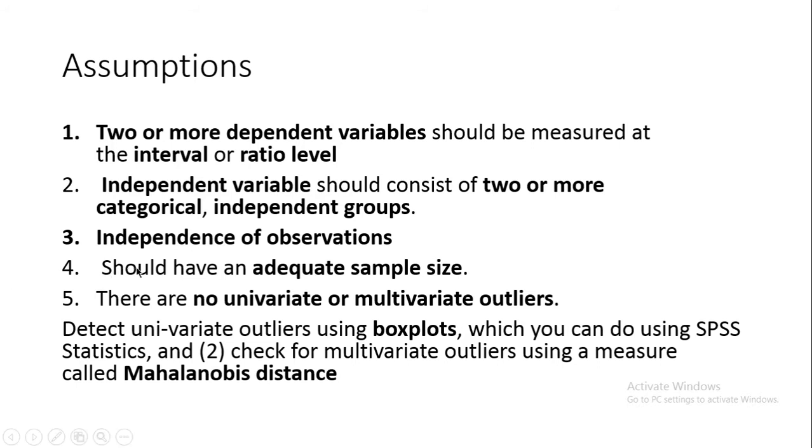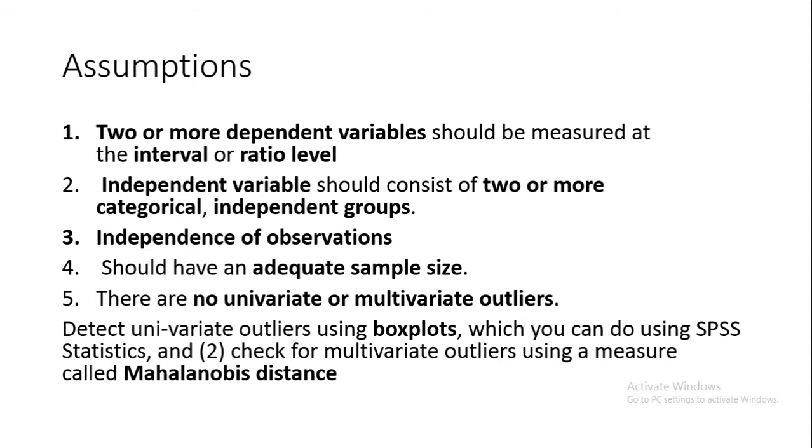You should have an adequate sample size. We have enough sample size to produce the result from each group. There are no univariate or multivariate outliers. We must not have an outlier on one variable or on more than one variable.